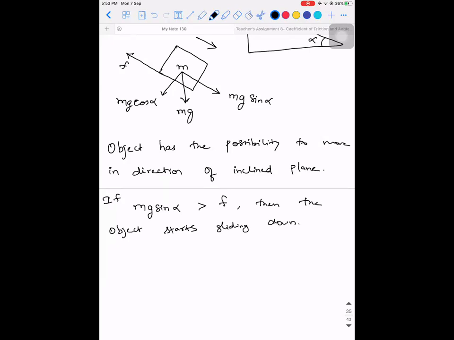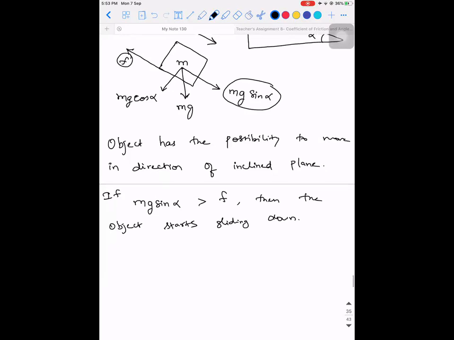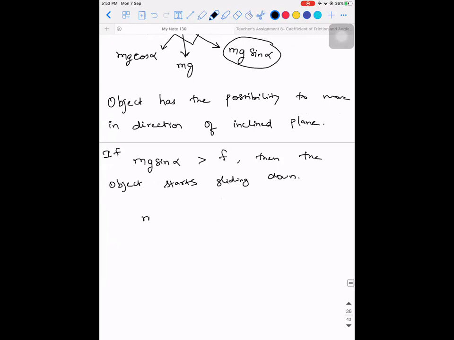Is there any doubt in this? So mg sine alpha is in this direction, f is in the opposite direction, so it should be slightly greater than f. I hope it is clear. Yes or no? Are you able to understand or not?